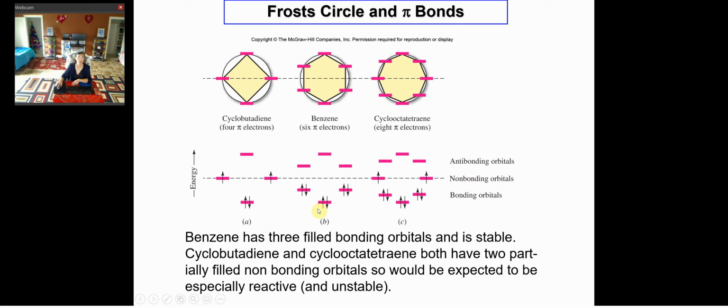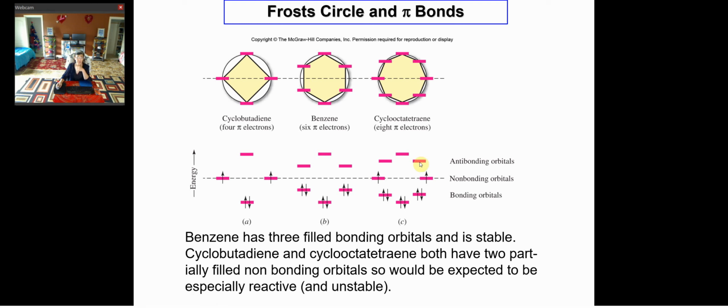We found all 6 pi electrons from the 6 carbons are located in the bonding orbitals pi 1, pi 2, pi 3, and paired. Due to the occupation of electrons in the bonding molecular orbitals, benzene is subject to special stabilization.